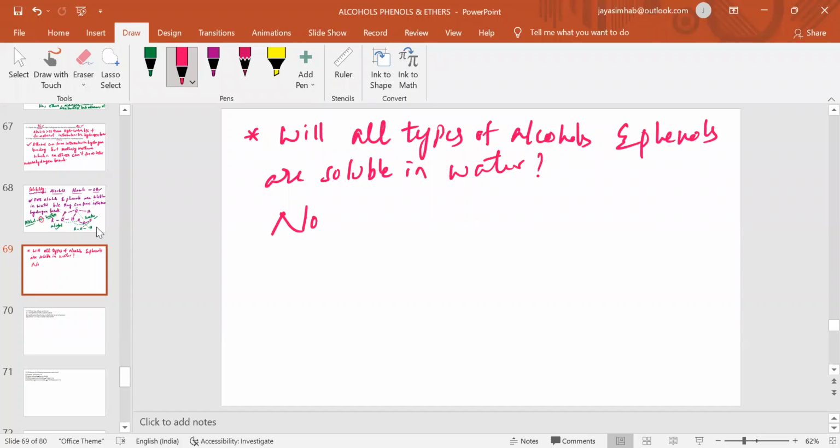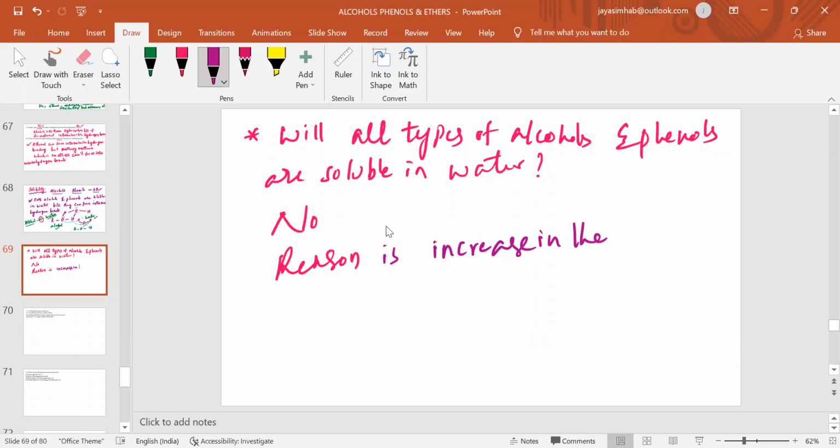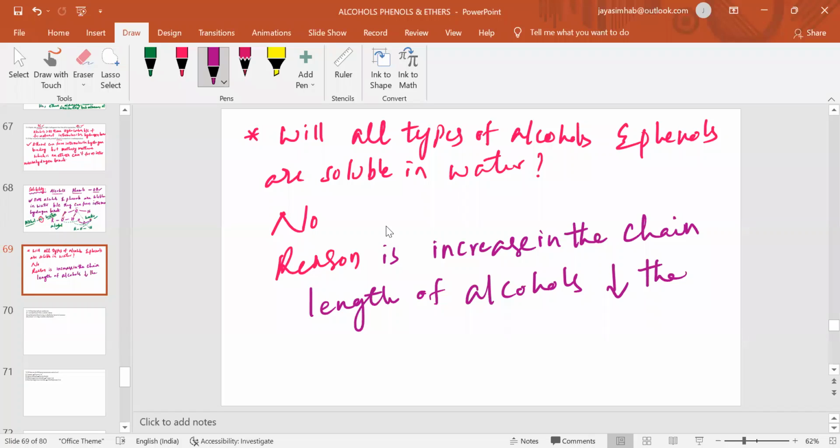Answer is no. Reason is, increase in the chain length of alcohols decreases the solubility of alcohols.